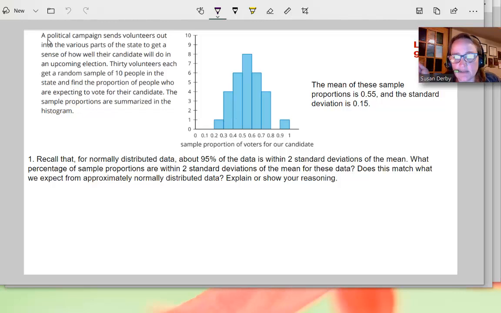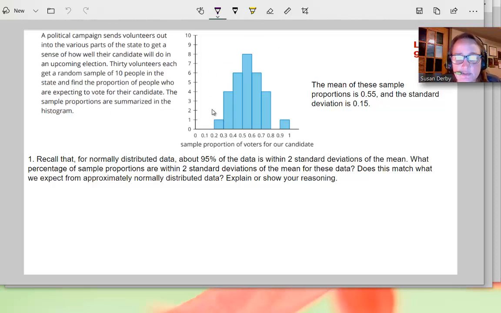The example is a political campaign that sends out volunteers into various parts of the state to get a sense of how well their candidate is going to do in an upcoming election. Election polls are famous for having this wiggle room. 30 volunteers each get a random sample of 10 people from across the state, and they find the proportion of people who are expecting to vote for their candidate.